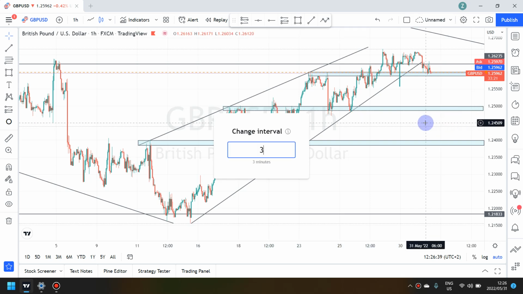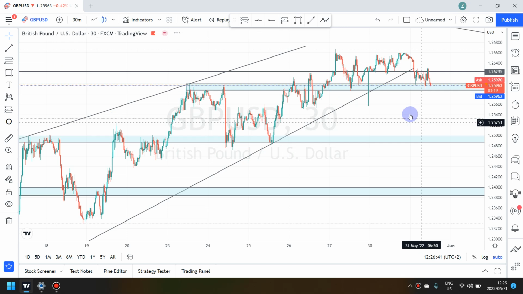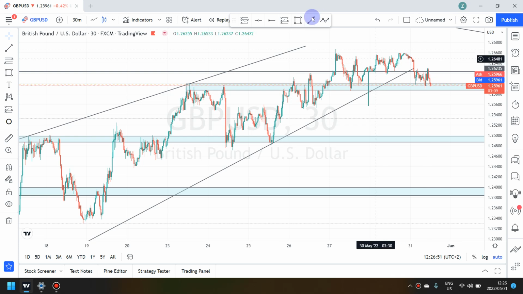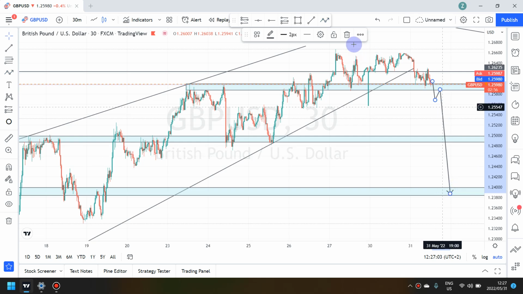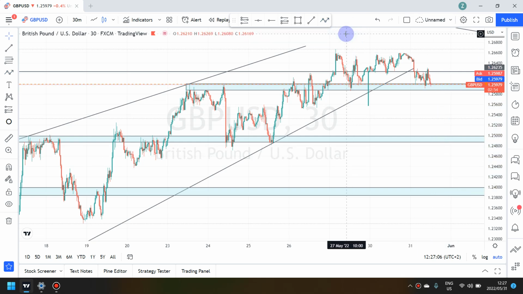So moving on to the 30-minute time frame, now that we know that this is a breakout and a retest, should the market break this support zone, which would become a resistance zone, then this is what we would expect: a breakout, a retest, and then once we get that retest, the market will sell on the long term.